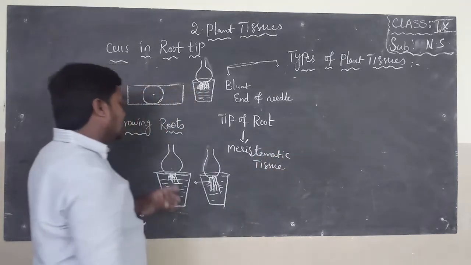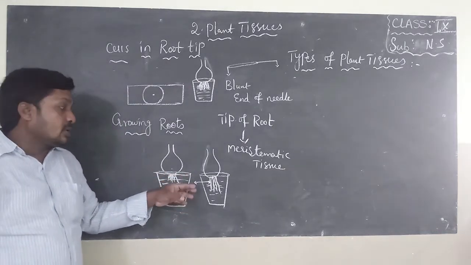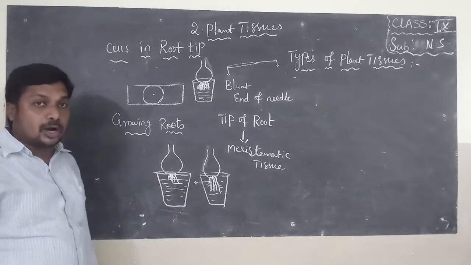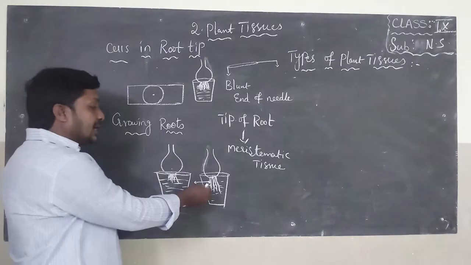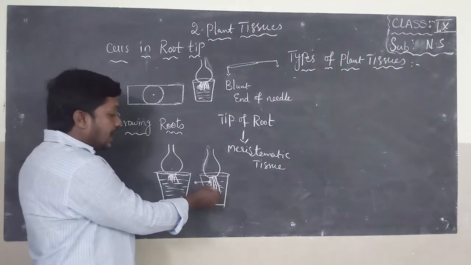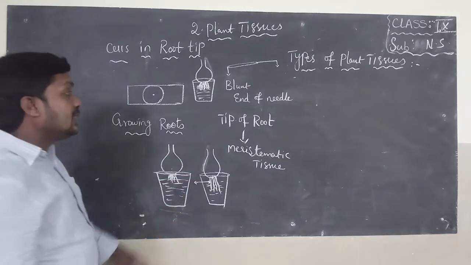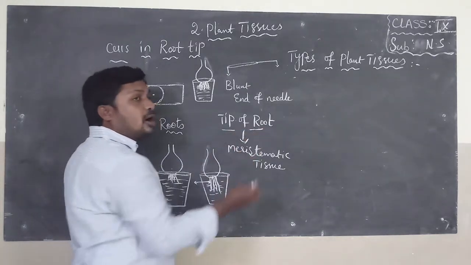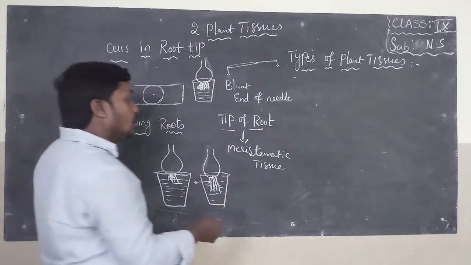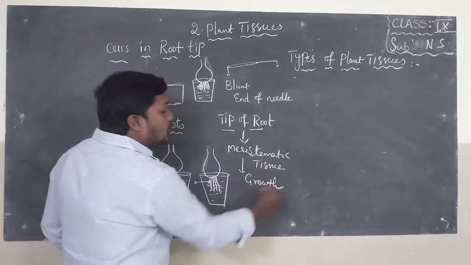So in this activity, we cut one of the roots kept in a glass of water. When you remove the tip of the root, we cannot observe growth, and the remaining roots grow well. The tip of the root consists of a tissue known as meristematic tissue, which helps to increase growth.